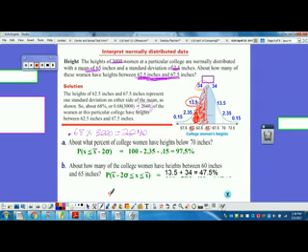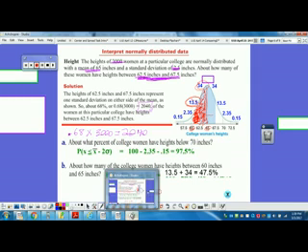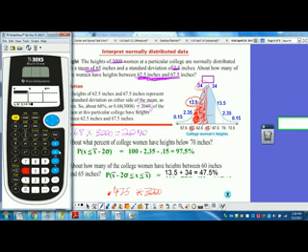If I want to know about how many women, I got more work to do. So I take the 0.475 and I multiply that by the number of women I had, which is 3,000 women, and I should get, let's see here, 0.475 times 3,000. Too many zeros.